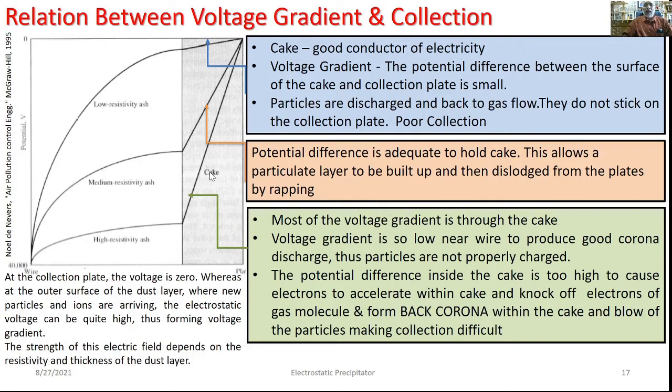So as they are knocked off, they create a condition very similar to the one created at the discharge electrode, and these electrons, after the ionization of the gases, may cause the development of corona and hence the release of electrons and the further movement of these electrons and positive ions towards the discharge electrode.